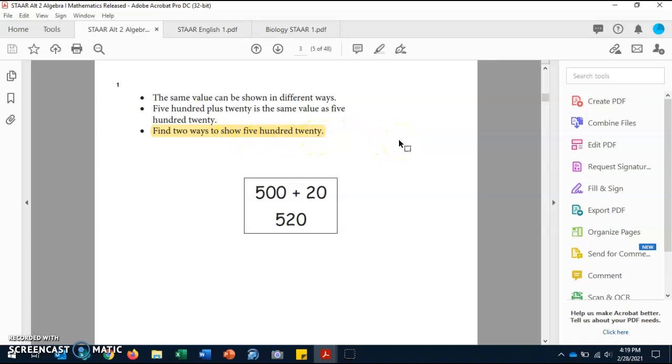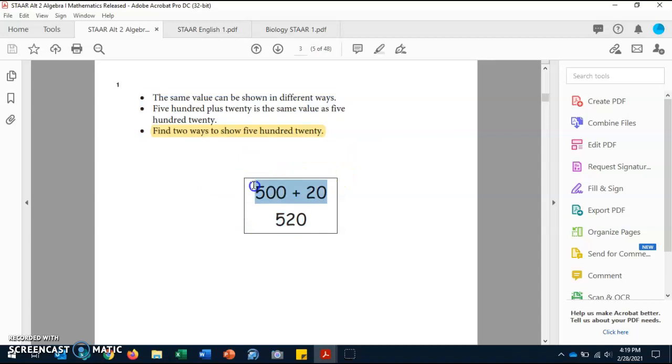I'm going to give you a minute to circle it, since if you point I cannot see it. So circle where you can find 2 ways that show 520. Yes, good job.